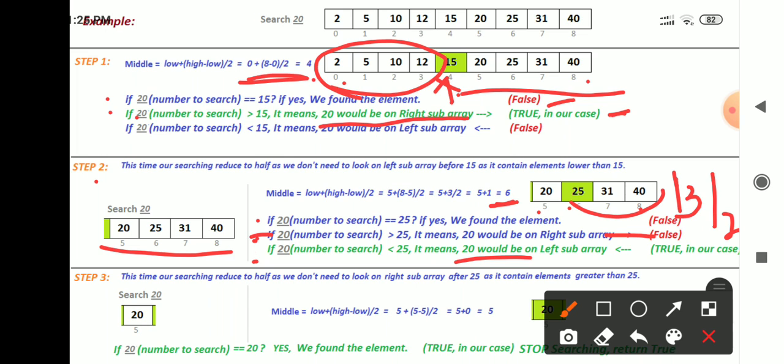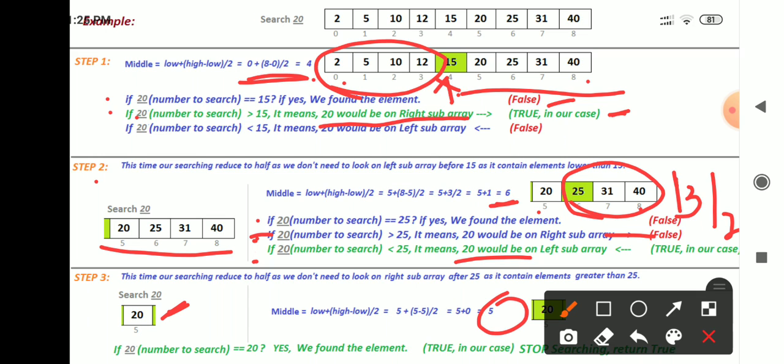So we skip this particular part, and we are left with only a single value. Now we again find the mid value. Here low is equal to 5 and high is equal to 5. 5 plus 5 is 10, divided by 2 we get 5, and that is the mid.